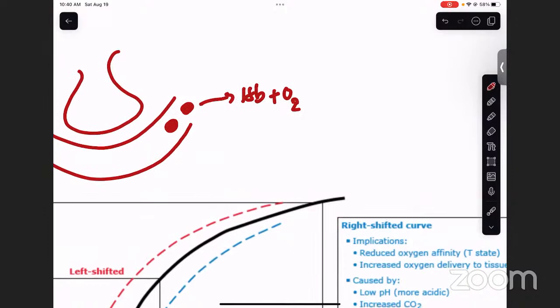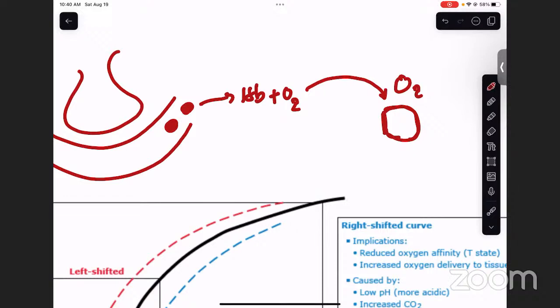It's very simple. Hemoglobin will carry the oxygen and deliver it to our tissue. Here is our tissue. Oxygen will be given to our tissues, carried by hemoglobin.